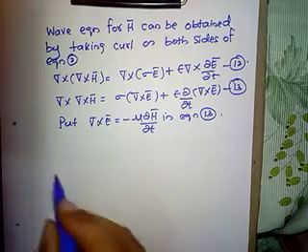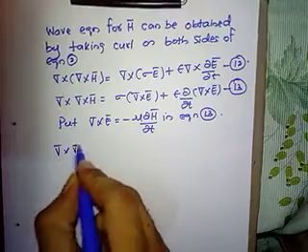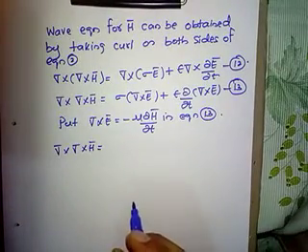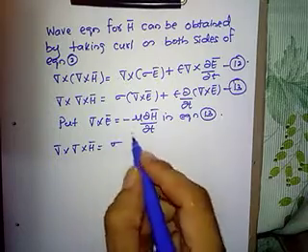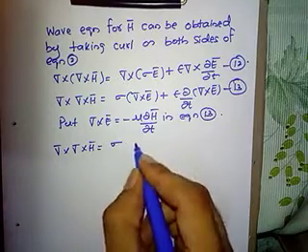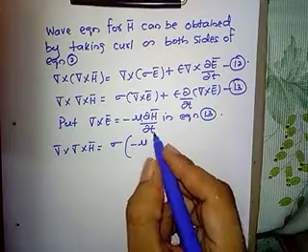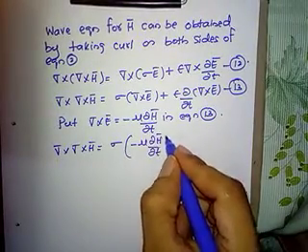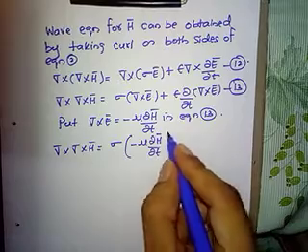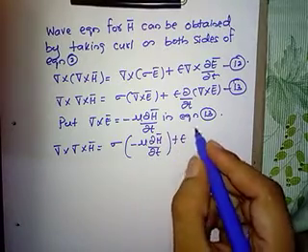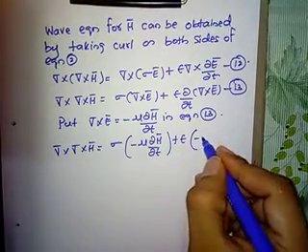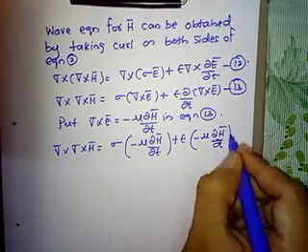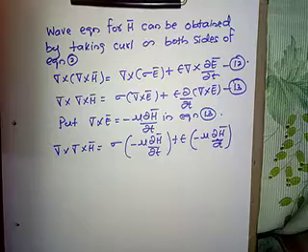After substituting, we get del cross H bar equal to sigma times minus mu dou H bar by dou t, plus epsilon times minus mu dou H bar by dou t.